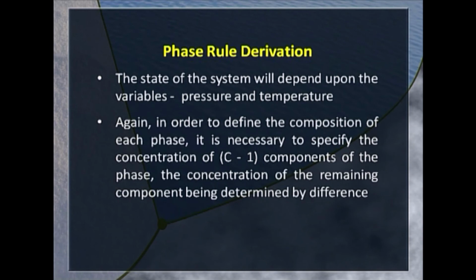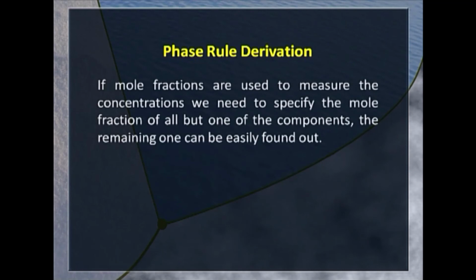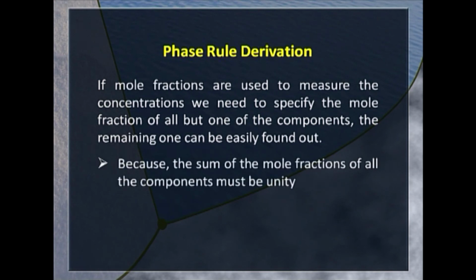There are C components. We have to find out if it is necessary to specify the concentration of all the C. But we know that if we express the concentration in mole fractions, it is sufficient to mention the concentration of C minus 1 components. The last one becomes automatically fixed because the sum of the mole fractions of all the components must be unity.